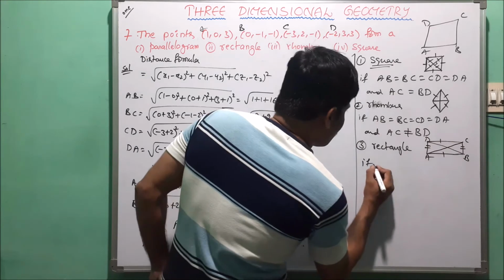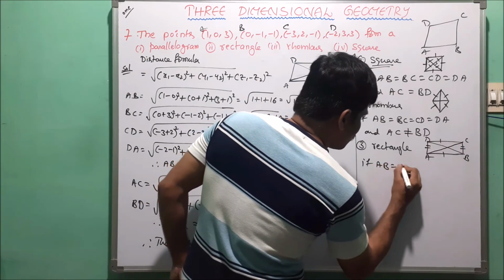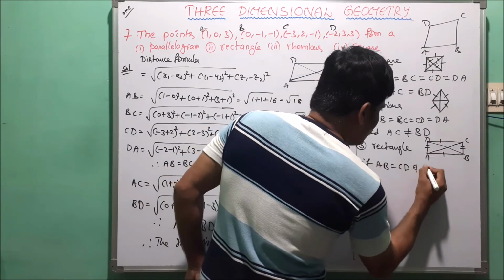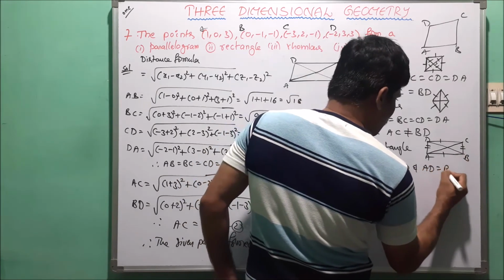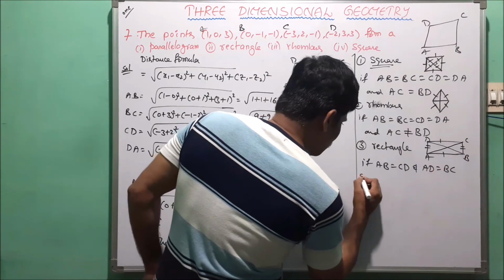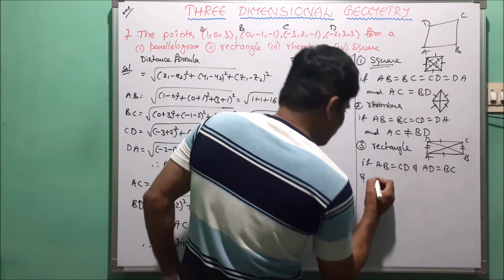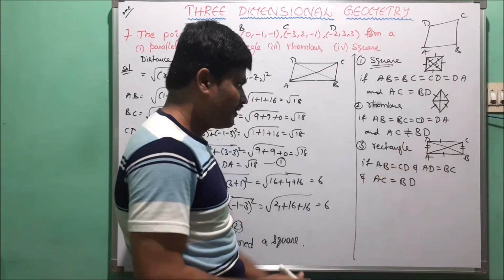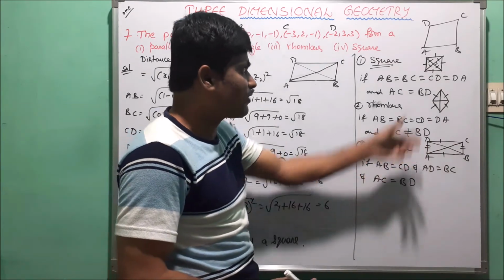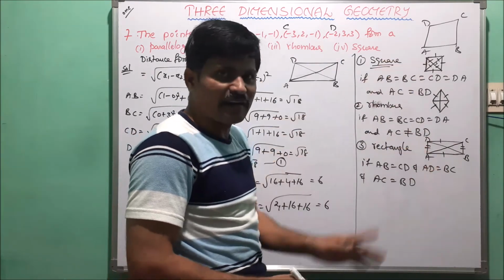Diagonals also equal. If AB equal to CD and AD equal to BC, and also the second condition, diagonals AC equal to BD. Now if these two conditions hold, then the quadrilateral is a rectangle.